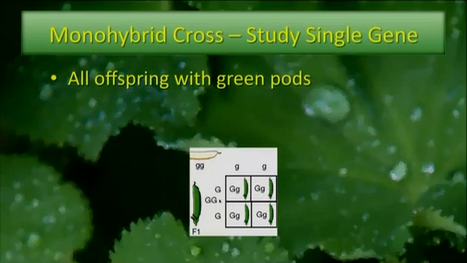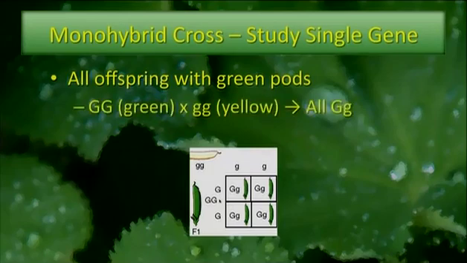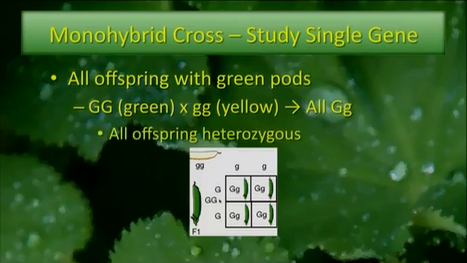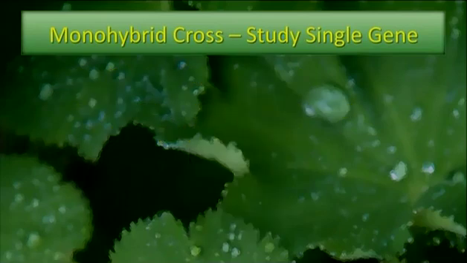So you have big G for green, crossed with little g for yellow. And all their offspring will be big G, little g. All offspring will be heterozygous, and all the offspring will be green.